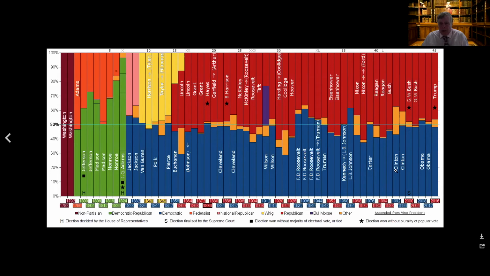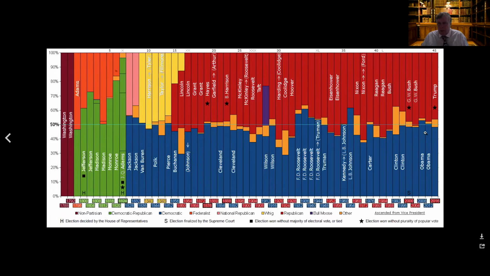For example, Clinton in 1992, you can see that the presence of a third party, the party that was founded by Ross Perot, was important in that election, and also in the second election. George W. Bush won election only because of the presence of a third party.